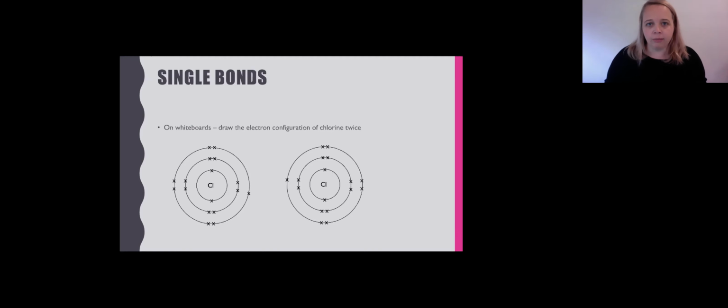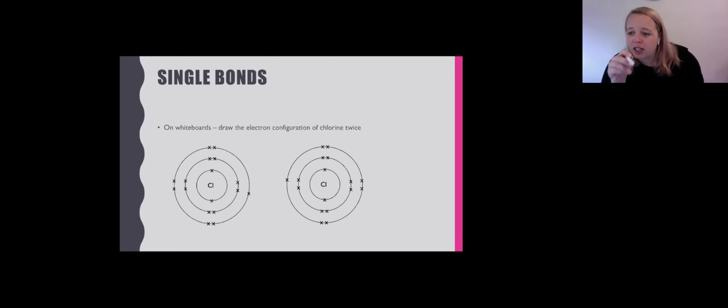A chlorine atom, electron configuration 2, 8, 7, only needs to gain, having a look at our picture here, how many electrons? 1, to achieve a stable electron configuration.